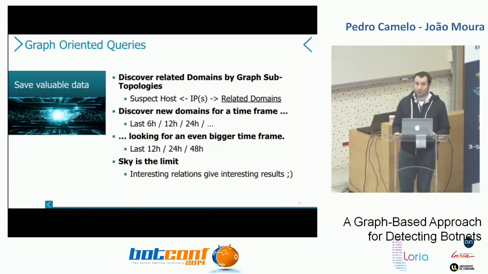But the sky is the limit. If you have more information that can be correlated, it will be very useful. And the graph-oriented approach has shown to be very fast when compared to other databases available.